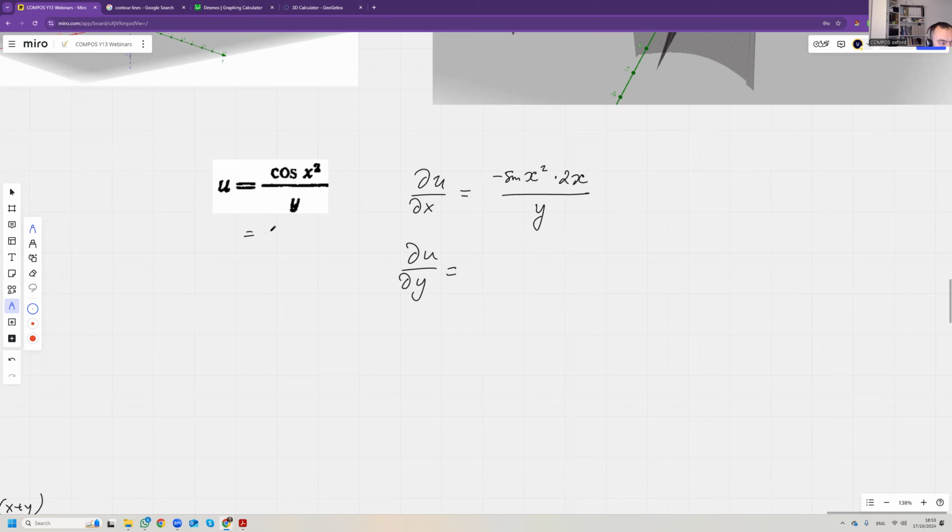So we can rewrite this as cos(x²) multiplied by y to the power minus 1. So it's going to be minus cos(x²) divided by y².